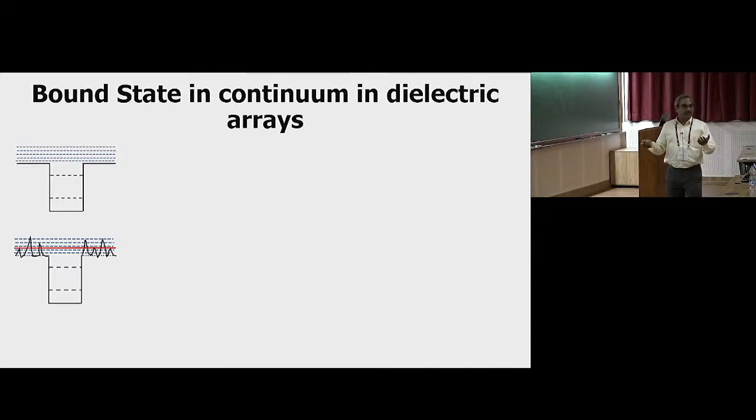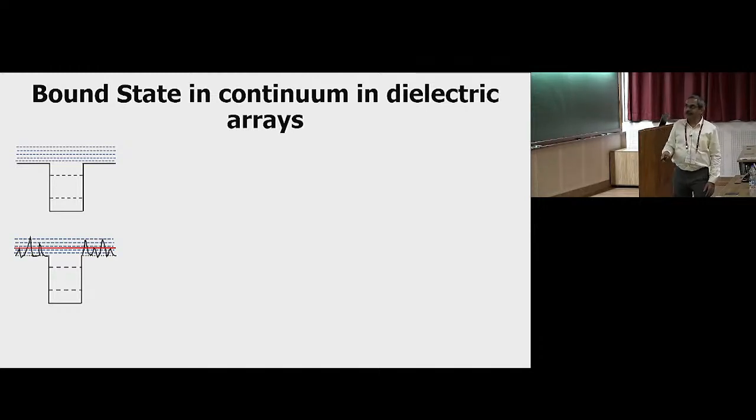So, for example, these are MBE grown, molecular beam epitaxy grown layered structures in which the composition fluctuation can be there, or the thickness fluctuation can be there in the layer. That leads to some roughness in the barriers. So when you have a roughness in the barriers, it is possible to have a bound state within this continuum of energy levels.